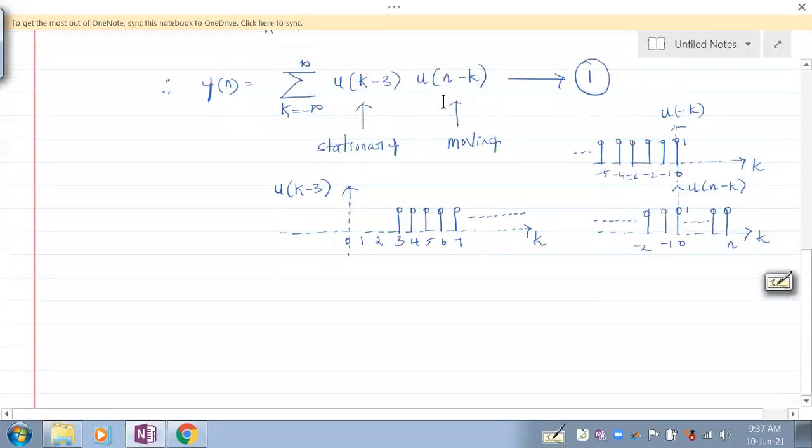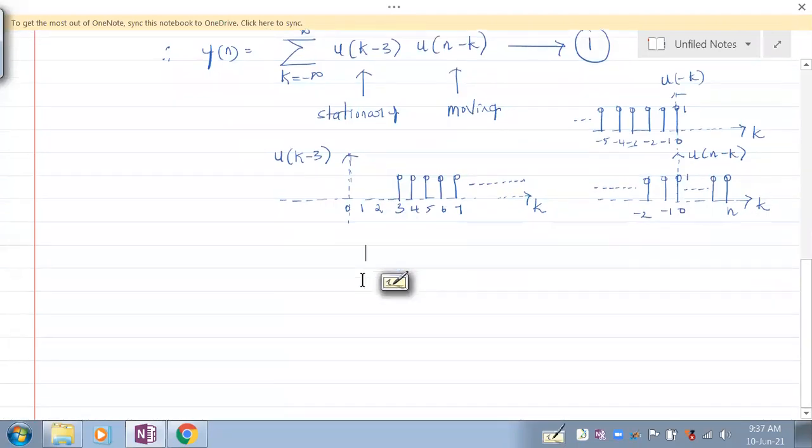So let's bring that u of n minus k below this. This sketch needs to be very neat because this is what is going to help us throughout the solution. So this is k. Fine, this is the 0th sample.